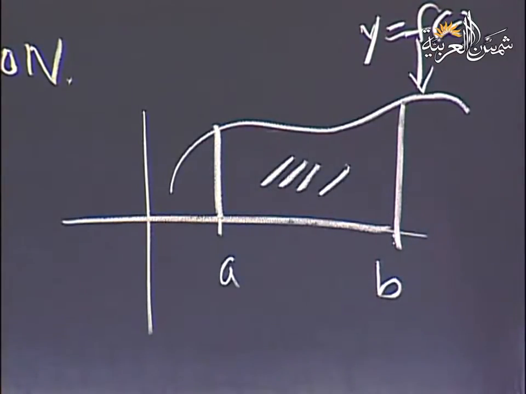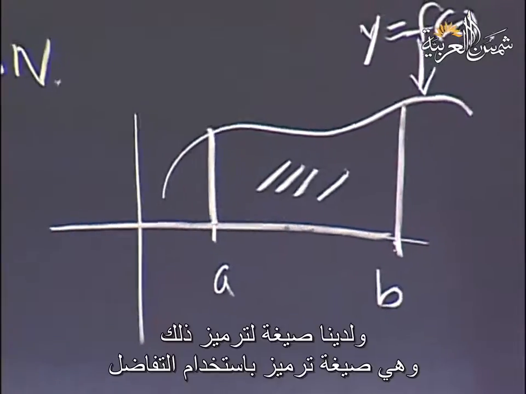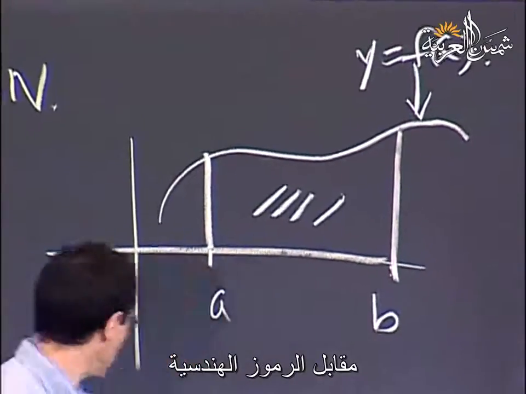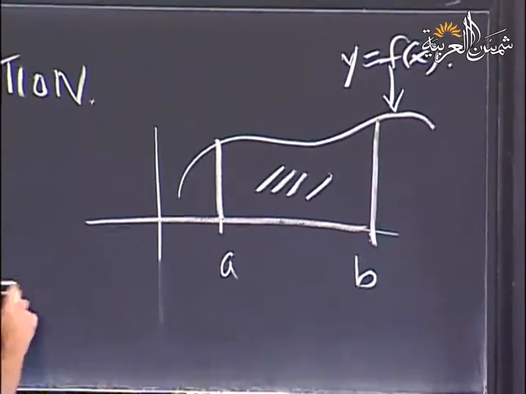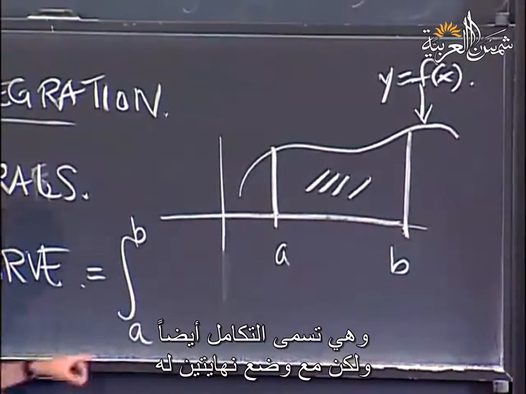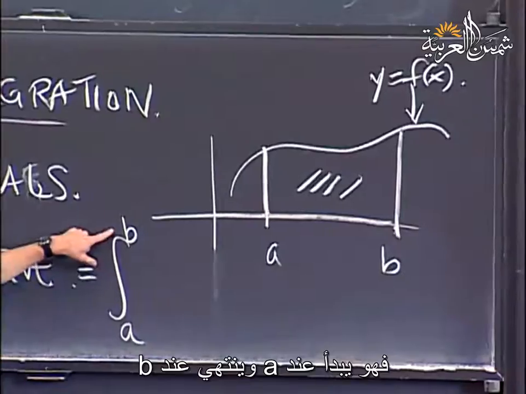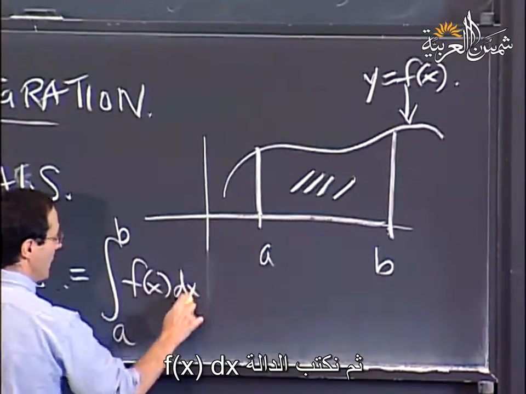And we have a notation for this, which is the notation used in calculus as opposed to some geometric notation. And that's the following expression. It's called an integral, but now it's going to have what are known as limits on it. It will start at a and end at b. And we write in the function f of x dx.